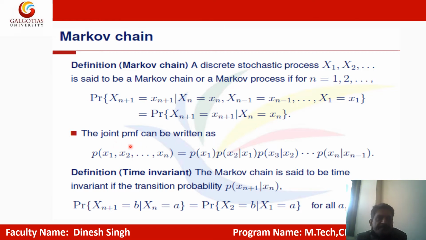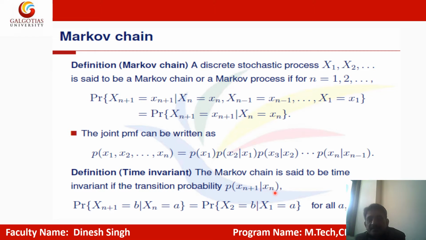So the joint PMF can be written as P of x1, x2 up to x of n equal to P of x1 into P of x2 given x1, that is the probability of getting x2 when the input is x1, and similarly the probability of getting x3 when the input is x2, and similarly for xn when the input is x of n minus 1.